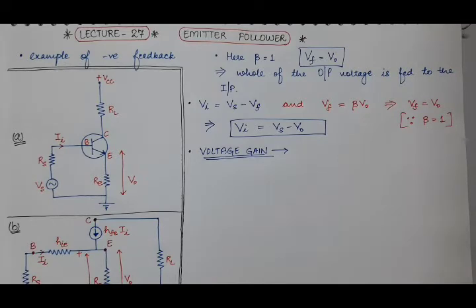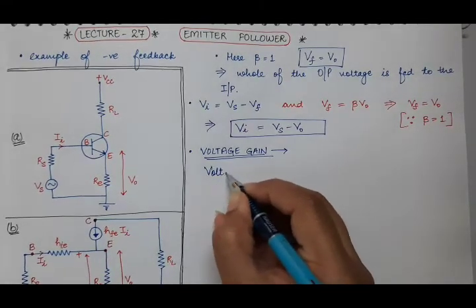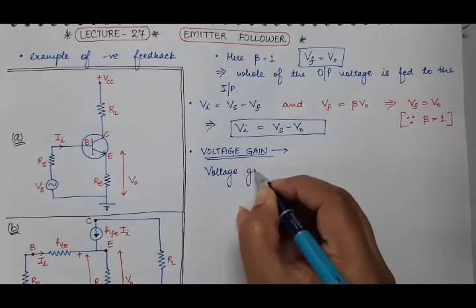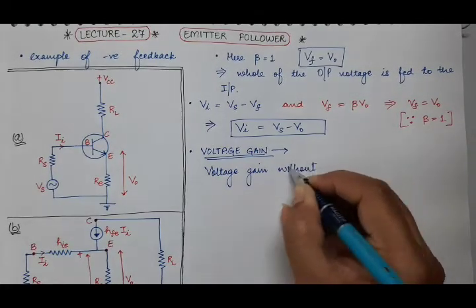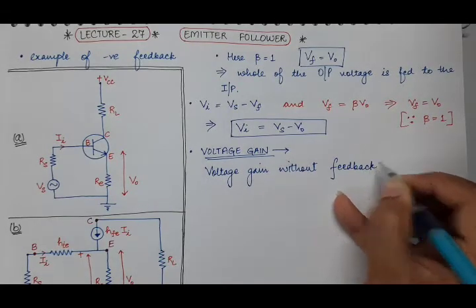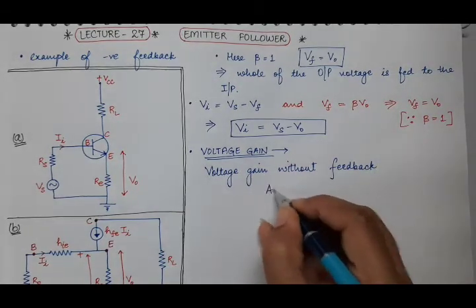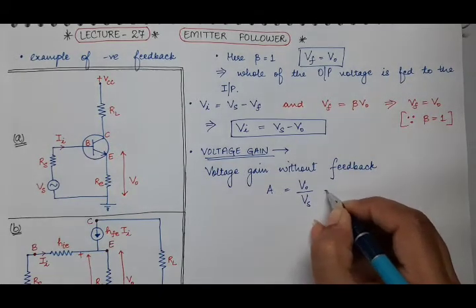So now what about voltage gain? The voltage gain without feedback in this case will be equal to A, and it is equal to V0 upon Vs here.